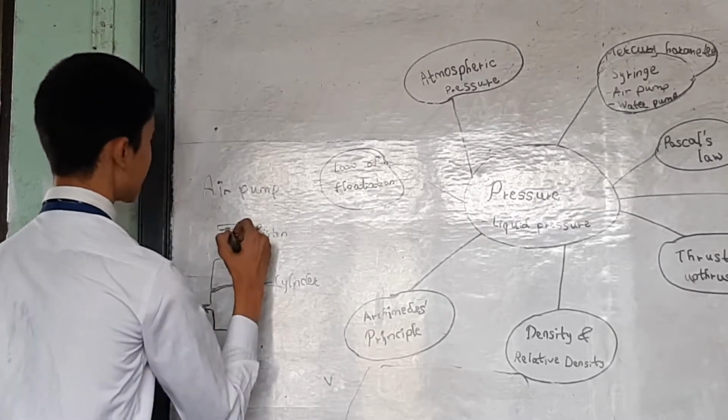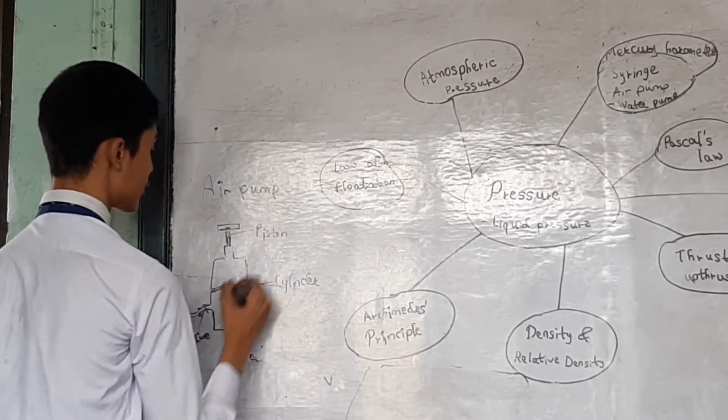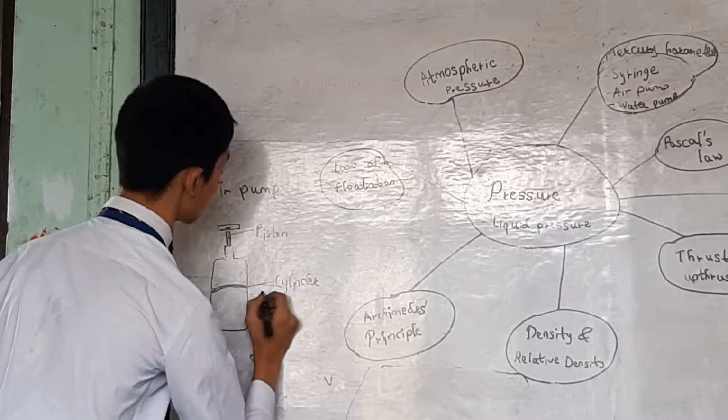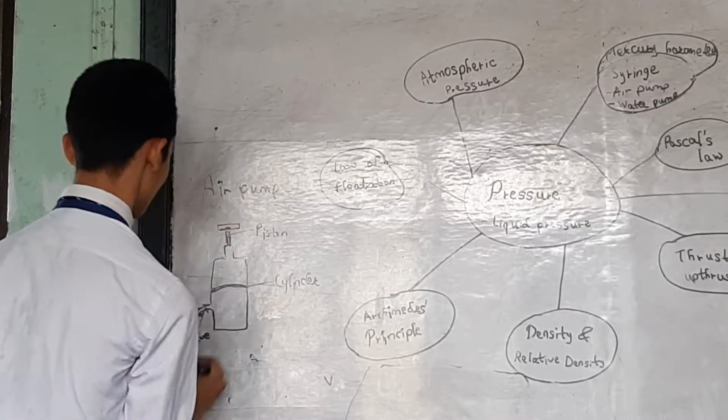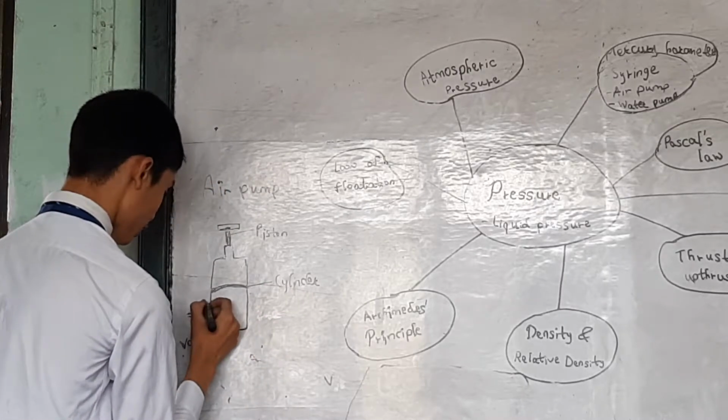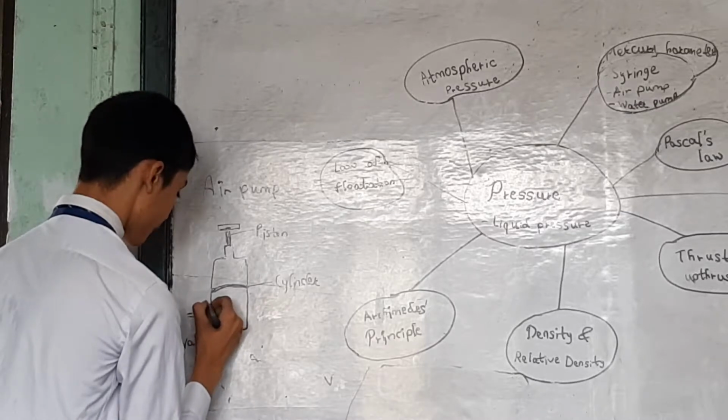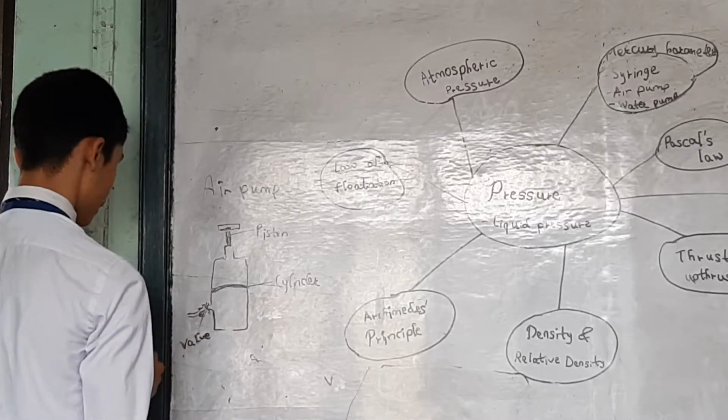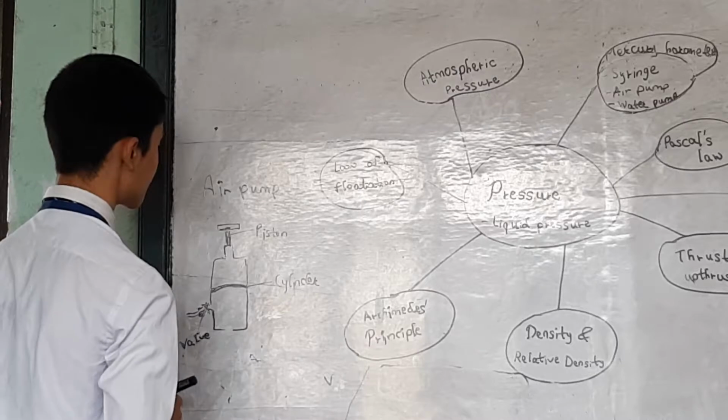Now, this part of the air pump is the piston and this part is the cylinder, and this knot is a valve through which air flows to the object.